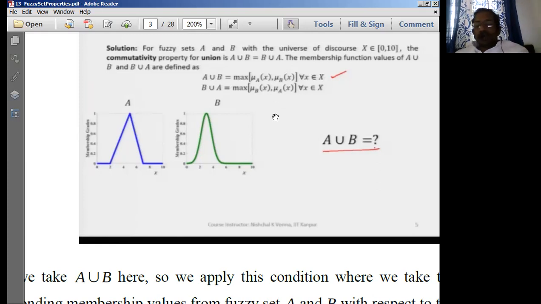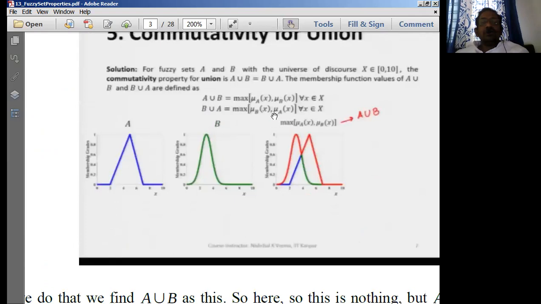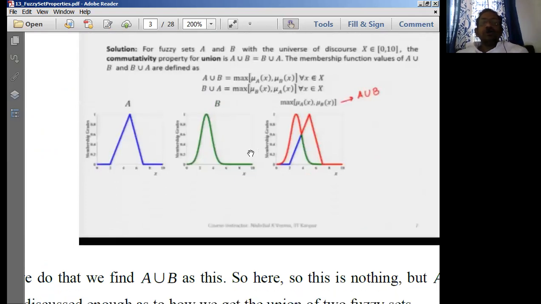Now, A union B means max of mu A, comma mu B. If it is B union A, it is max of mu B, comma mu A. That is the statement we can make.